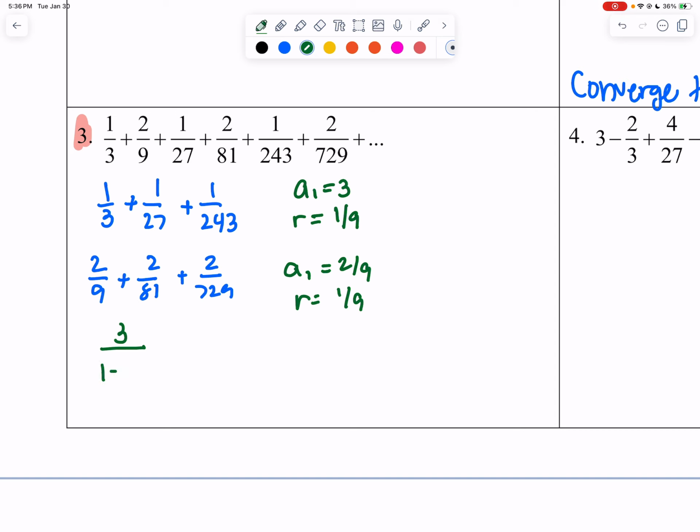So I have 1/3 over 1 minus 1/9, plus 2/9 over 1 minus 1/9, which can be rewritten as 1/3 plus 2/9 all over 8/9.